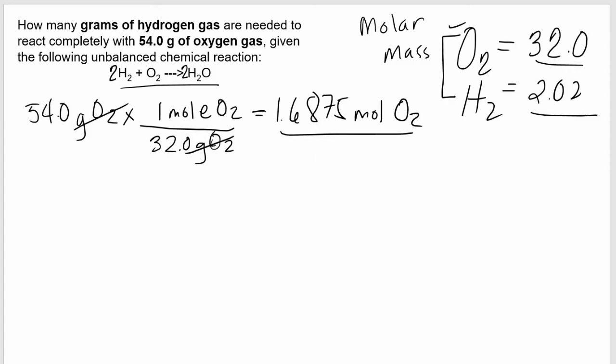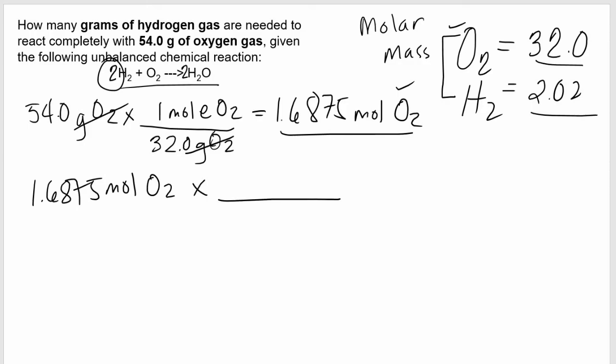So, next is we have to get the mole ratio of oxygen and hydrogen gas using this coefficient. So, we have 1.6875 mole of oxygen times 1 mole of oxygen is equivalent to 2 moles of hydrogen gas.